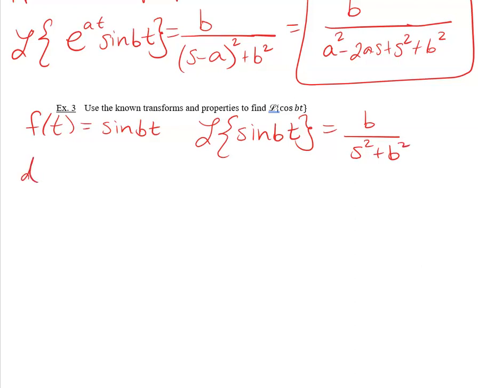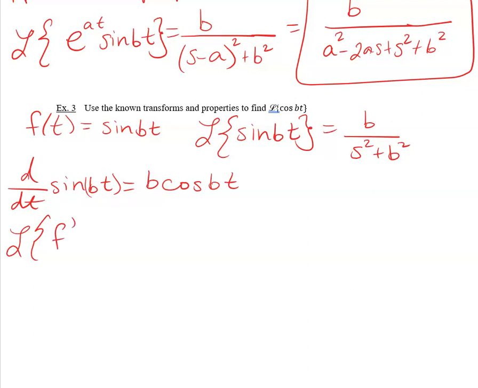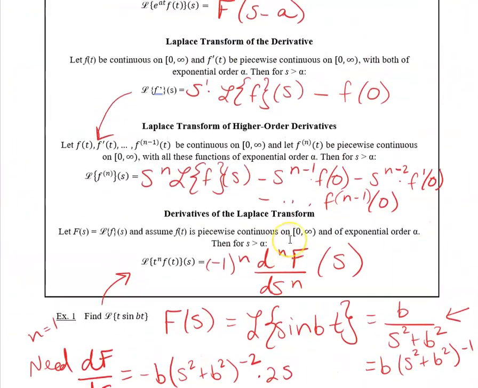Well, the derivative of sine of bt, using a chain rule, with bt as the inner function, would be b times the cosine of bt. So for the Laplace transform of the derivative of sine of bt, I'm using the derivative property, where is it?